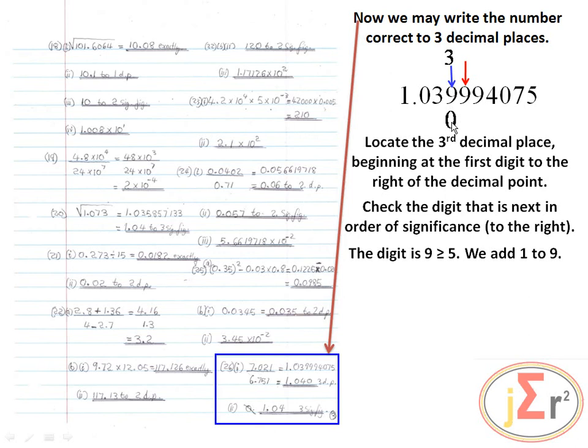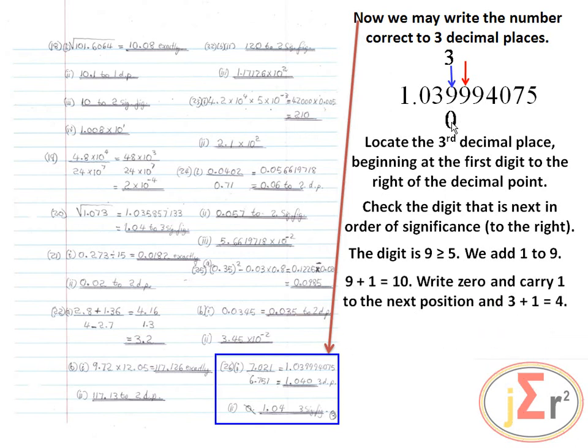So we put the 0 down and carry 1 to the next position, where 1 plus 3 is equal to 4. The digits to the left are not affected, and they return as they are.